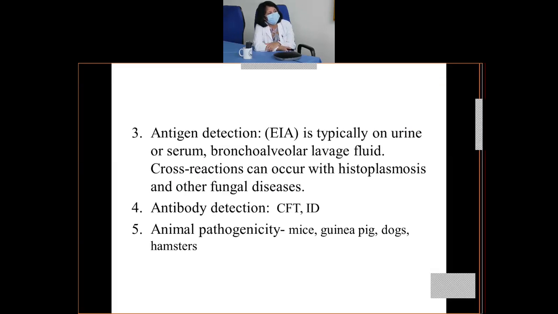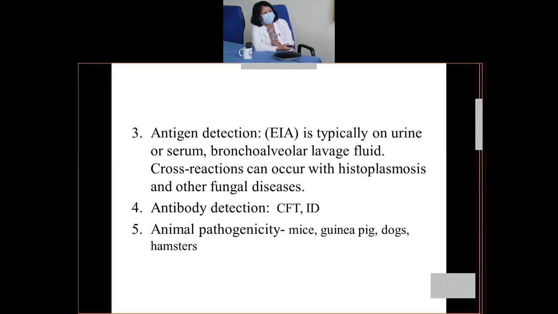Other methods of diagnosis are antigen detection. It can be done on urine, serum, or bronchoalveolar lavage fluid, but cross reactions can occur with other fungal diseases, especially histoplasmosis. In antibody detection, complement fixation tests and immunodiffusion can be done, whereas animal pathogenicity can be tested in mice, guinea pigs, dogs, and hamsters.